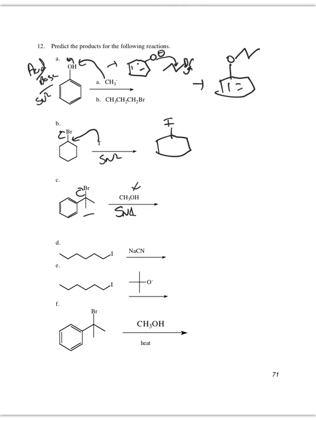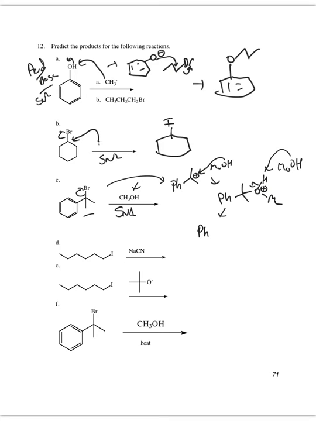So we're going to kick out the bromine to form the cation, and then methanol will add to the cation to form the protonated ether, and then another equivalent of methanol will remove that extra hydrogen to get to our product, the ether.